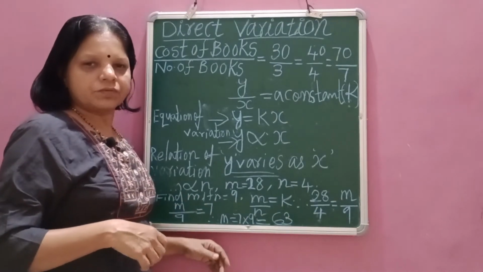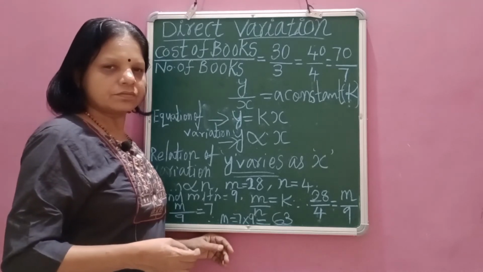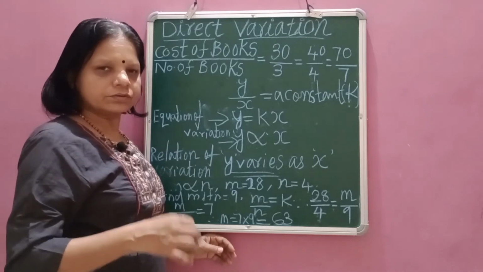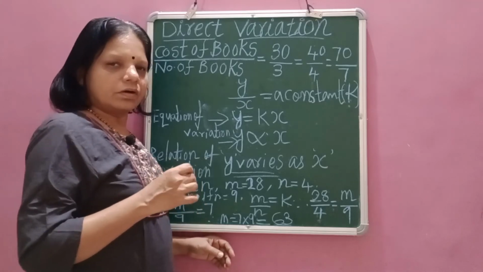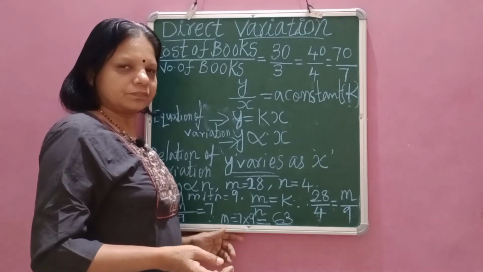So this way we can find one of the quantities if the other quantity is given. In other cases the two quantities are given.